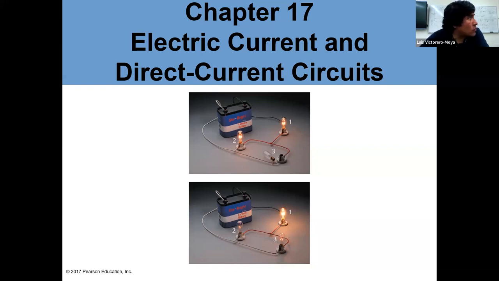The idea with resistance is to have some sort of resistance to the flow of current. So if you have a cable, a copper cable, and you introduce resistance or you place resistors in a circuit, you can slow down the motion of the electrons.